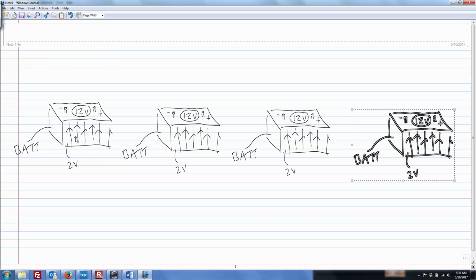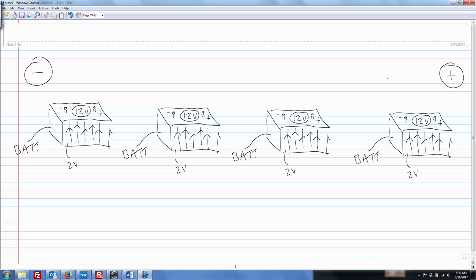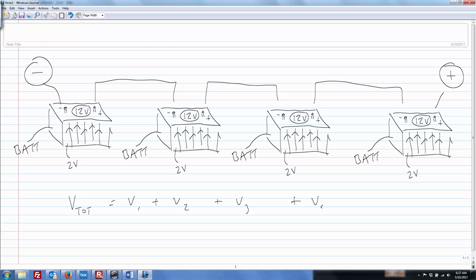what I'm showing here, I just copied and pasted this. If we go from our big negative down here to our big positive here, we've got 12 volts at each one. We jump her over, jump her over, jump her over, and so the total voltage equals V1 plus V2 plus V3 plus V4.